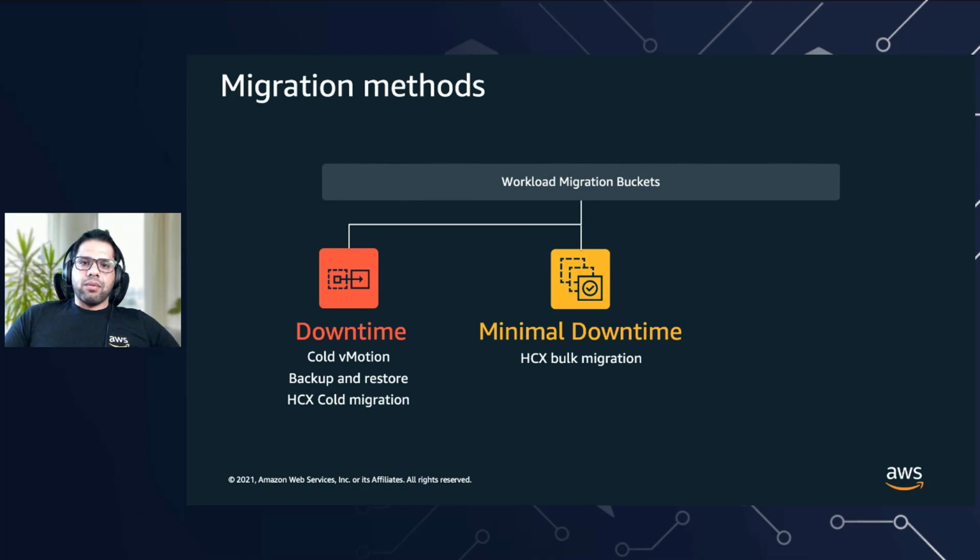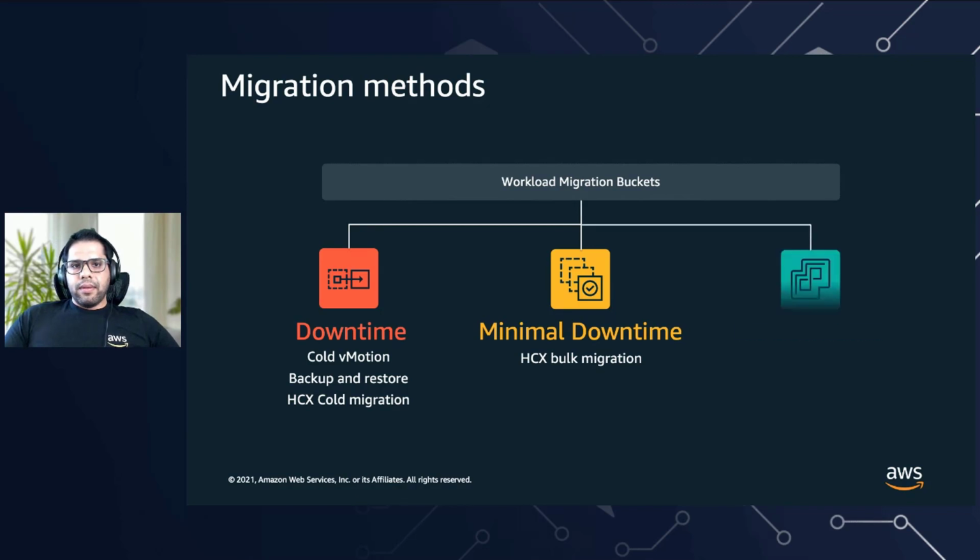Applications that are running, such as staging environments or development, or those that may be sensitive to stunning, can take the minimal downtime path using HCX bulk migration. Finally, the need to migrate without downtime can be addressed using live vMotion, HCX vMotion, and HCX replication assisted vMotion.